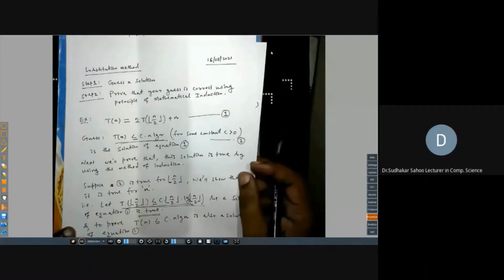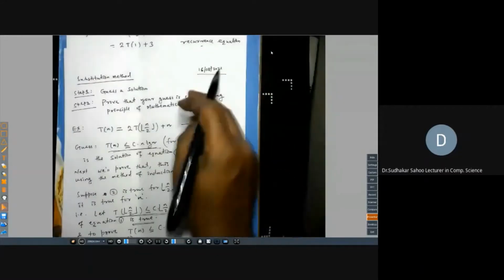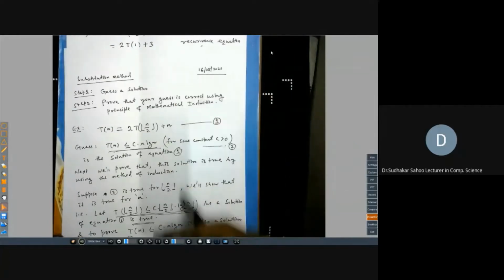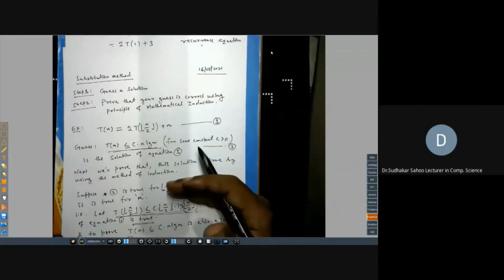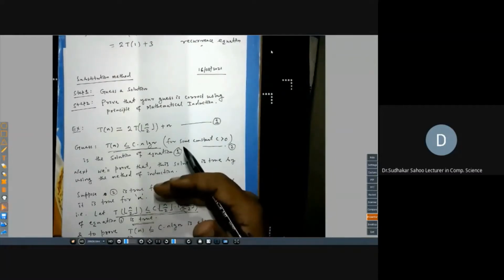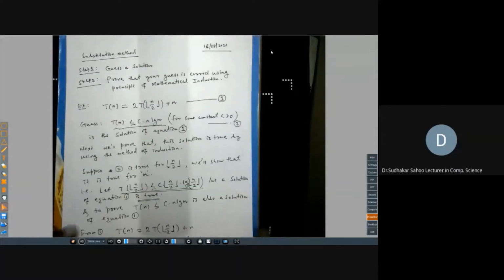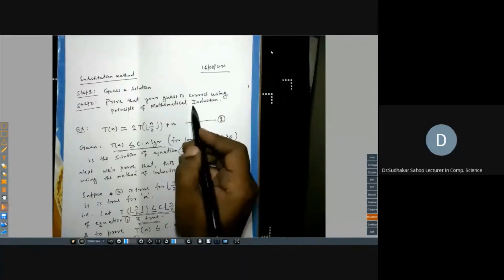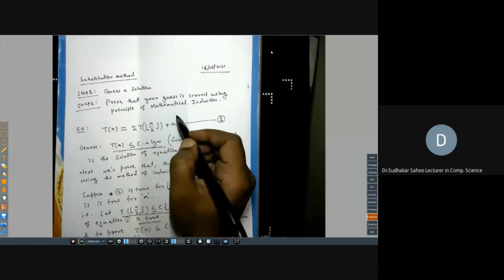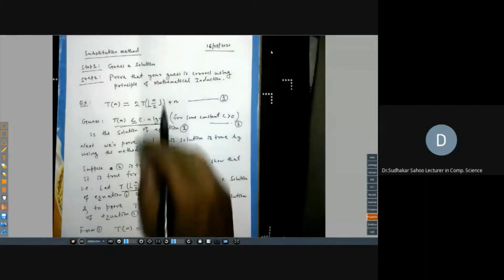The recurrence tree method, where you are dividing n into n by 2, n by 2, gives you one idea, but that is not a proof technique. Okay, the recurrence tree method cannot be used as a proof technique. It's just a shortcut way to give you some solution. Mathematical induction is a very good proof technique for solving this equation.